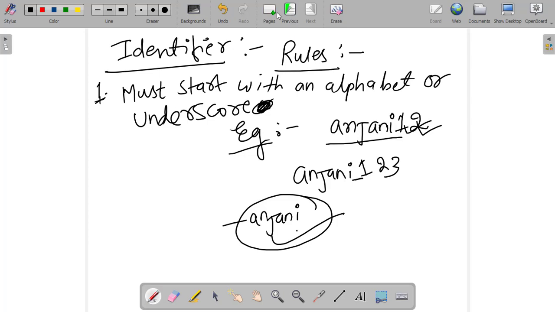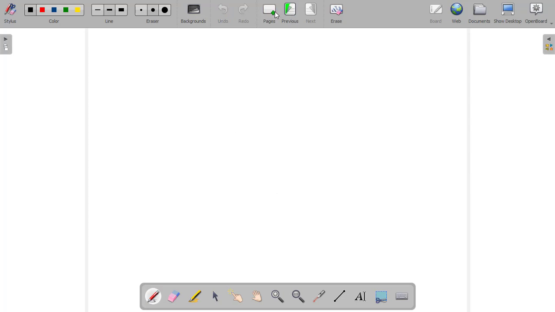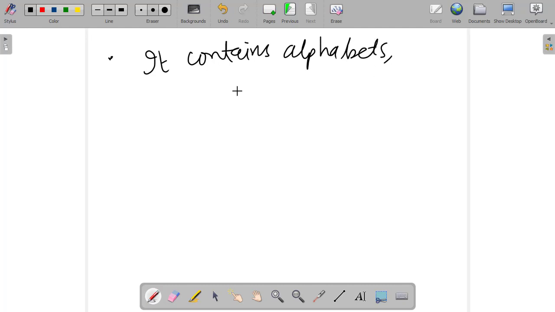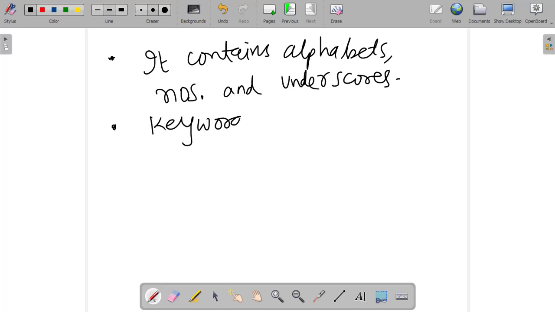So the first rule is clear, and I have already told you what it contains: alphabets, numbers and underscore. These three things are the only ones applicable for any identifier. There must not be any other things. The second rule is that a keyword should not be used as an identifier.